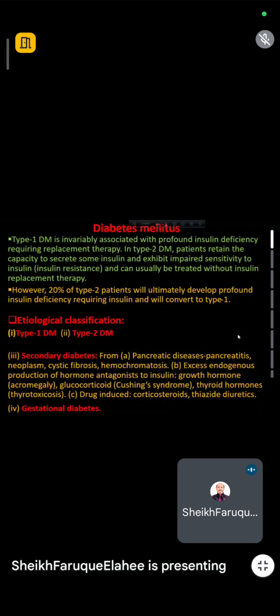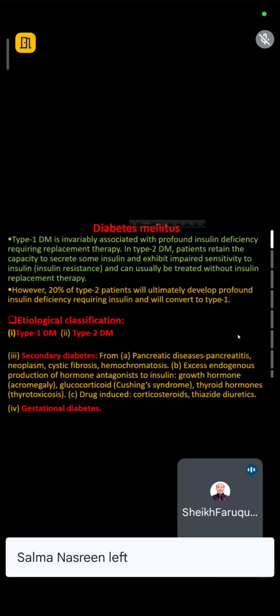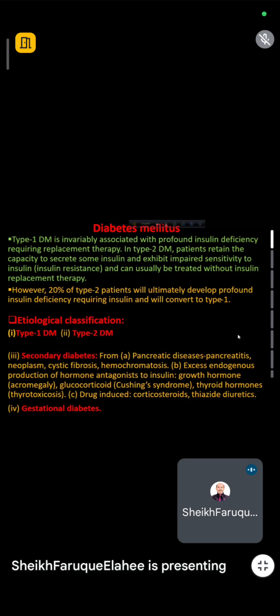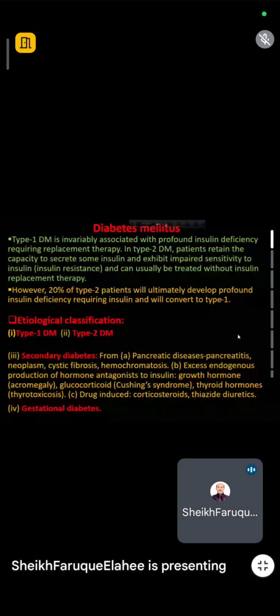Now there is type 1 diabetes and type 2 diabetes. What is type 1 diabetes? Type 1 diabetes is where there is damage of insulin-producing cells in the pancreas.